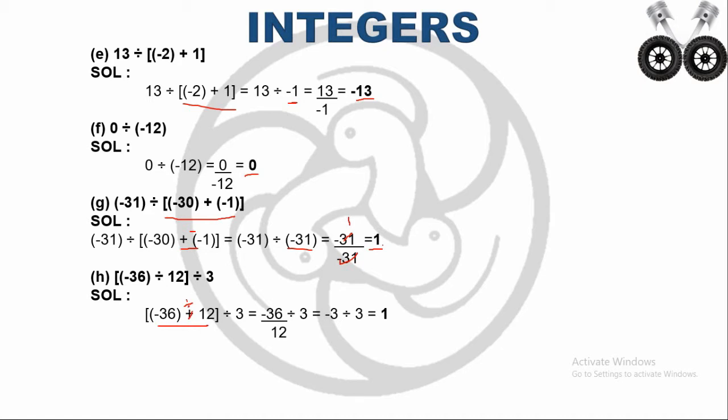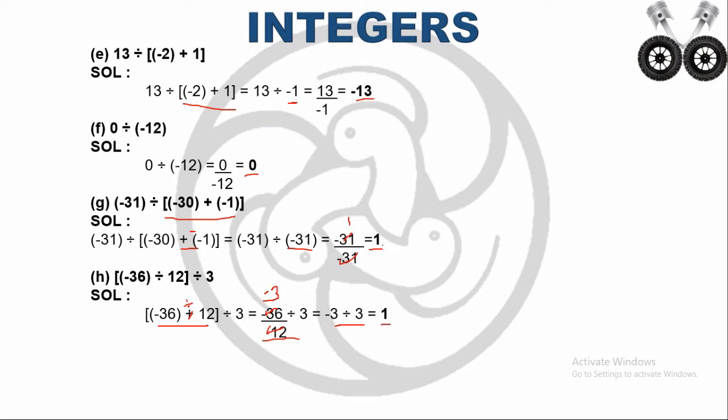That means we have to divide minus 36 divided by 12. Whenever I cut with the 12, I get the answer as 3. These two integers have different signs, so I have to put the negative sign. So the answer is minus 3. So minus 3 divided by 3, we get the answer as 1.